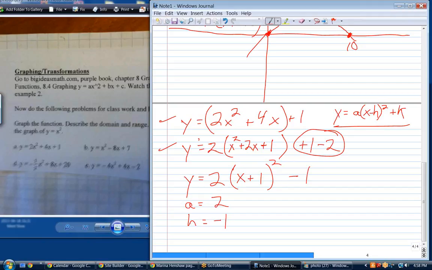If h were minus 1, it would look like x plus 1 because it would be x minus a minus 1, which turns into x plus 1. And what is k? -1. Correct. So now we have our vertex right there.